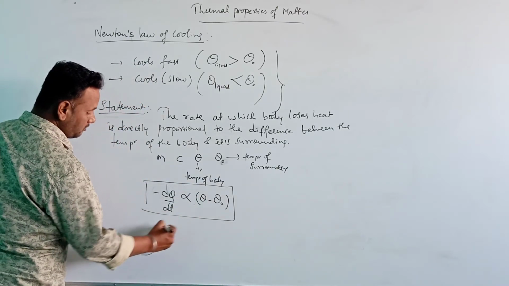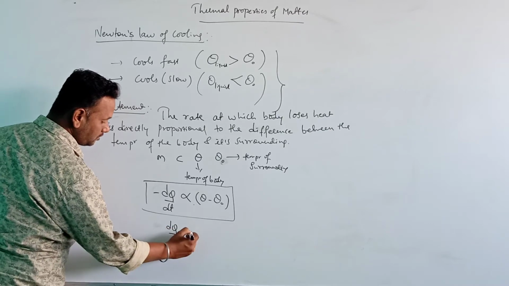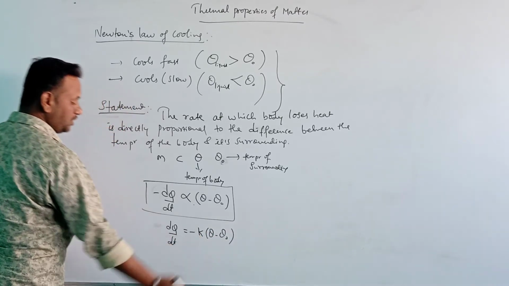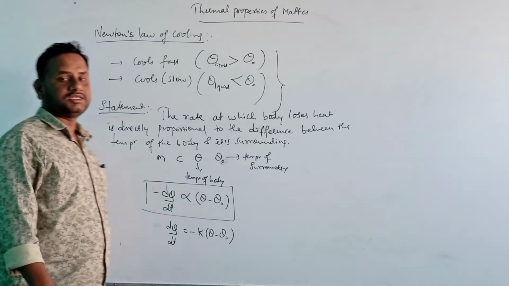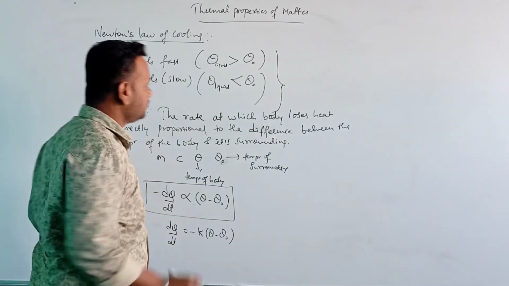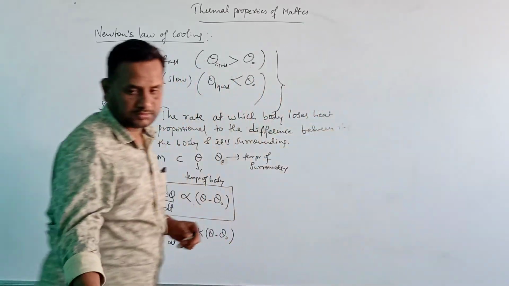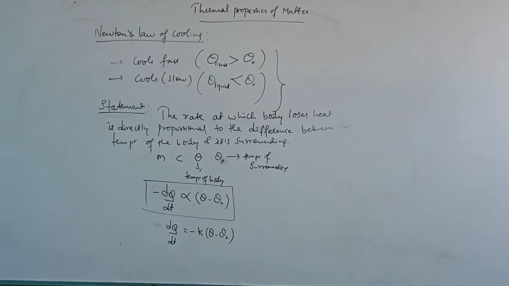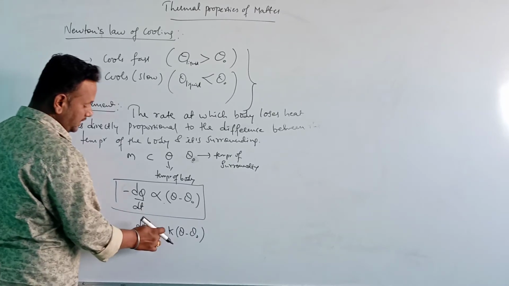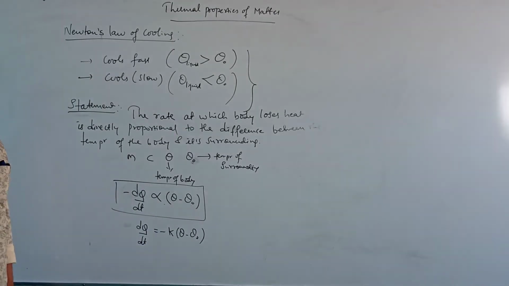Now if I remove the proportionality sign, dQ by dt is equal to minus k into theta minus theta naught, where k is the proportionality constant.